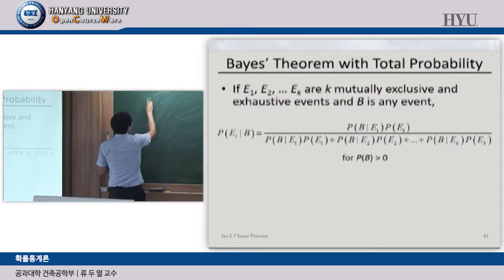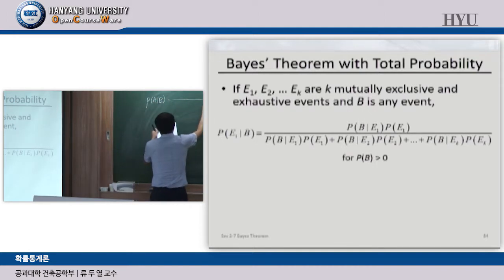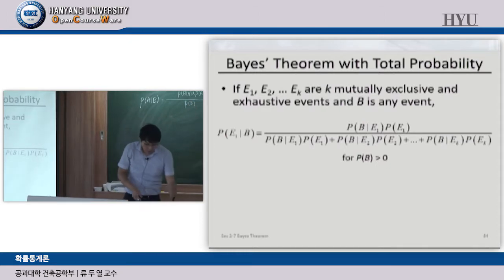The definition of the Bayes theorem is the conditional probability of A given B equals the conditional probability of B given A multiplied by the probability of A divided by the probability of B, right? That is the definition of the Bayes theorem.